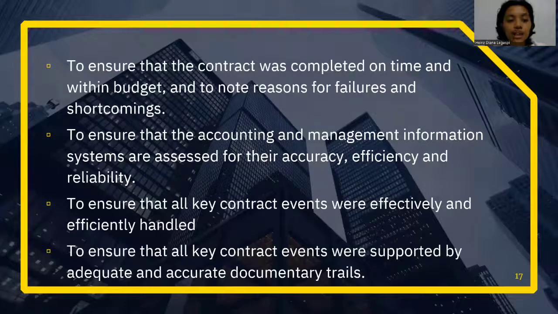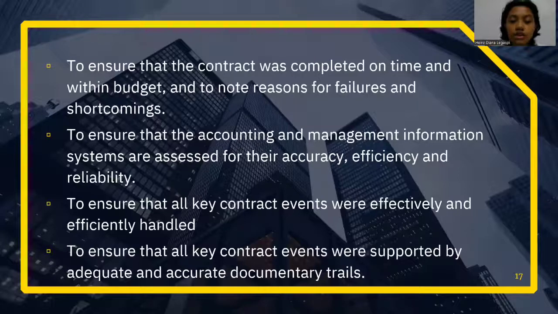Next is to ensure that the accounting and management information systems are assessed for their accuracy, efficiency, and reliability. This is to guarantee that the accuracy, efficiency, and dependability of the accounting and management information systems are evaluated. Next is to ensure that all key contract events were effectively and efficiently handled.